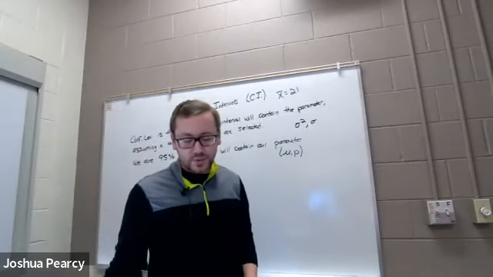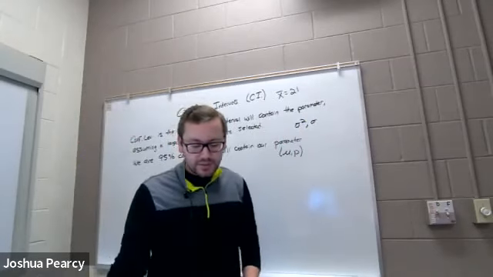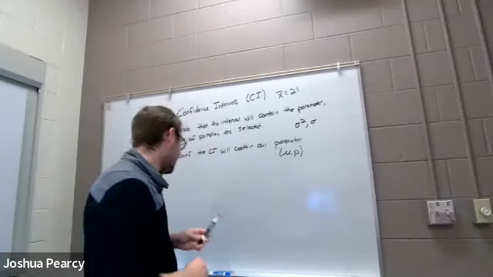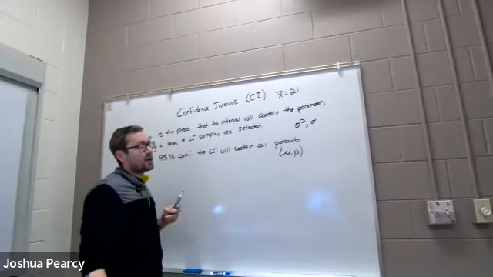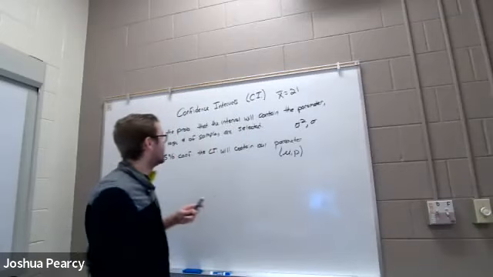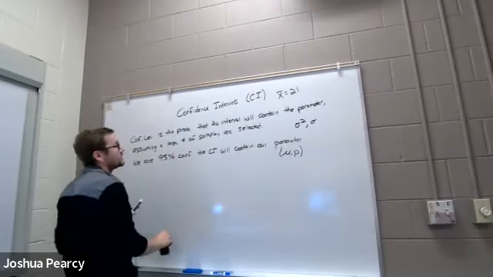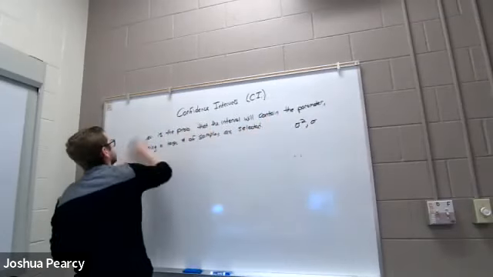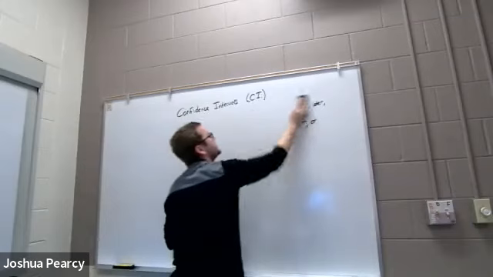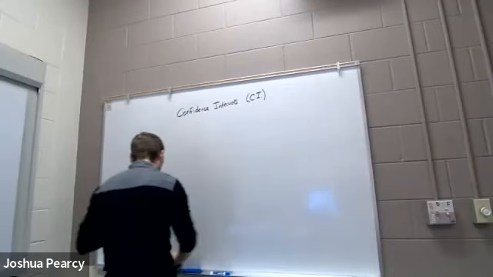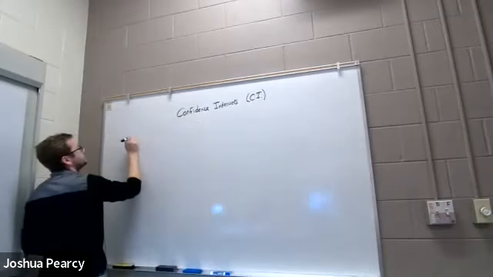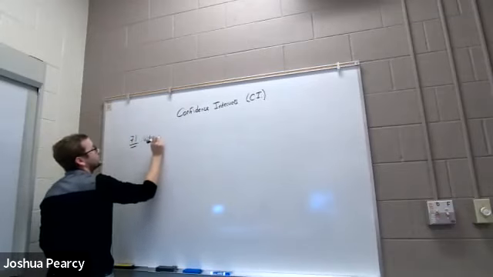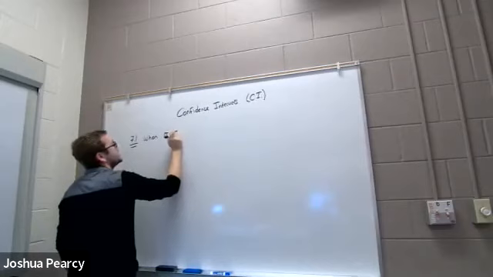So actually, let's get into what the confidence interval is and how we compute it. In this first section, section 7.1, we're going to talk about confidence intervals for the population mean mu when we actually know sigma, when sigma is known.